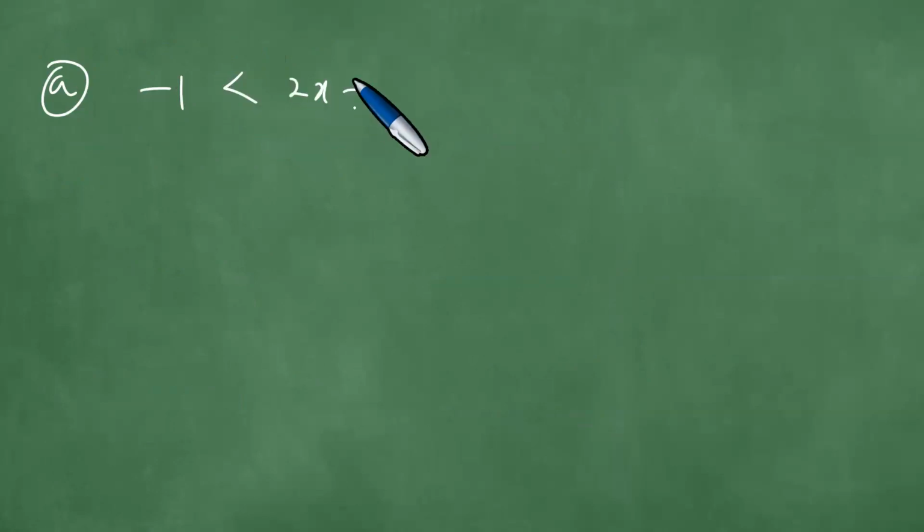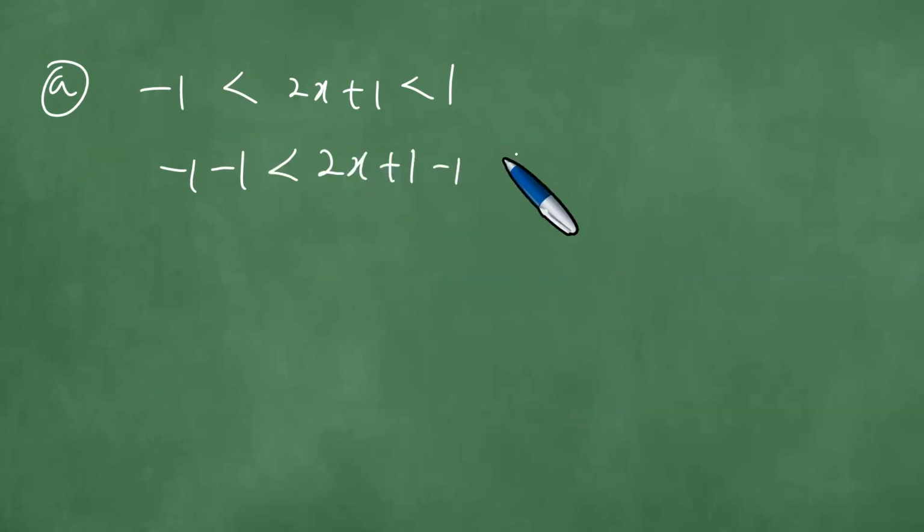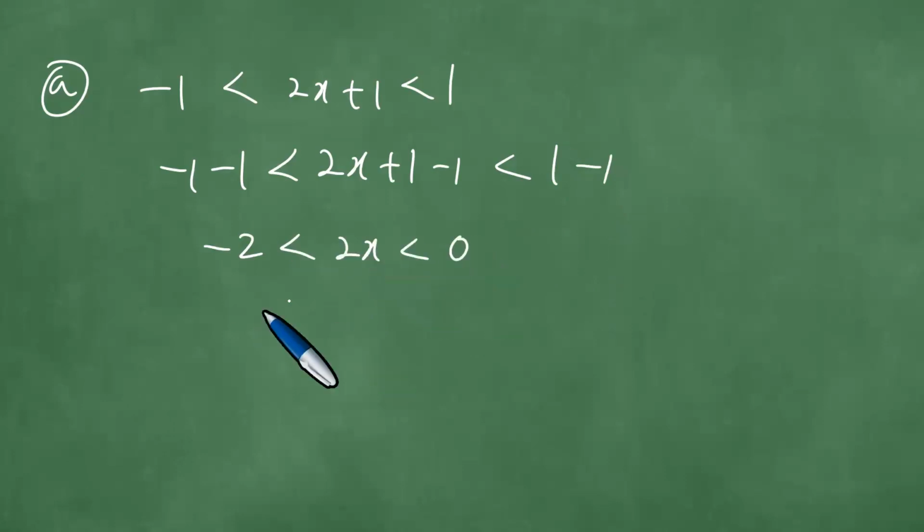So for part A, -1 is less than 2x plus 1, less than 1. What you do here, you subtract 1 from each of the parts of this inequality. So you subtract 1 here: -2 less than 2x less than 0.